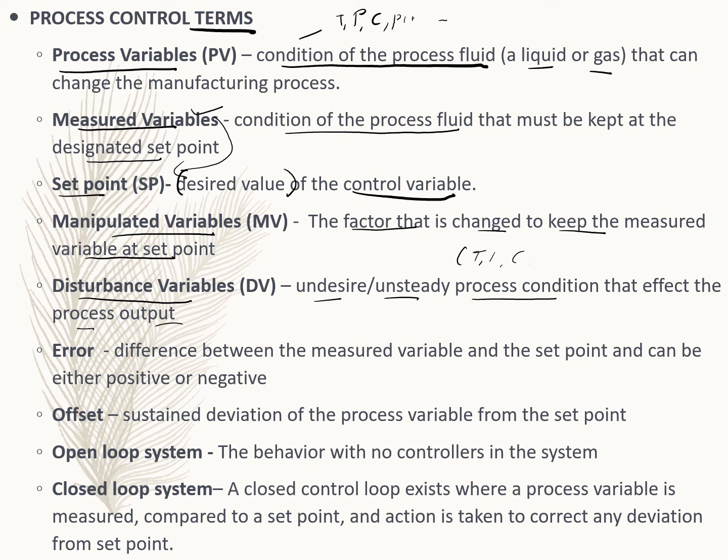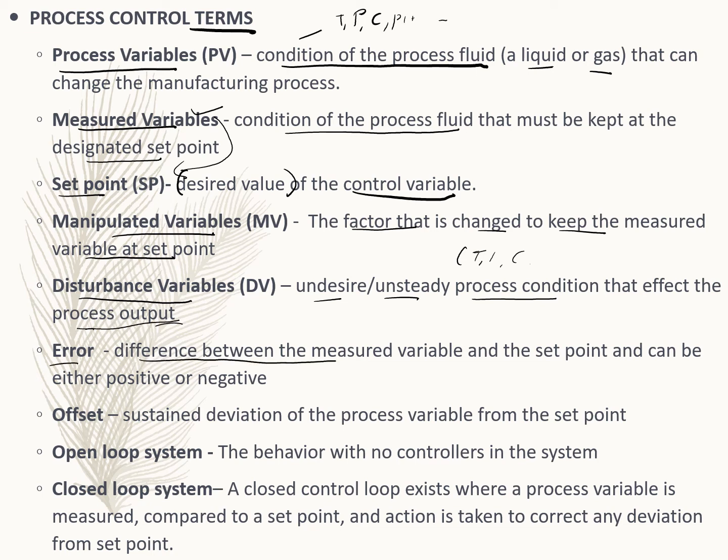If the surrounding area has rainy days, occurring around 7 days like that, then the temperature of the surrounding area will become low, right? This is an example of a disturbance that causes the process output to change.